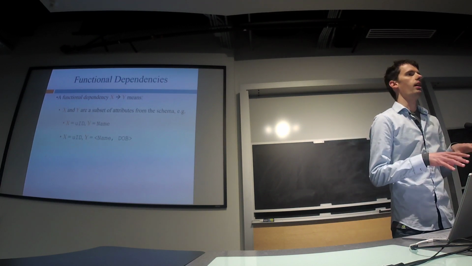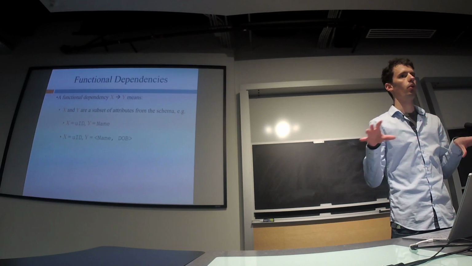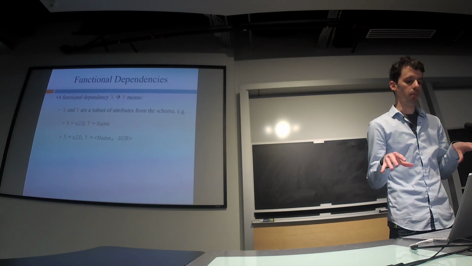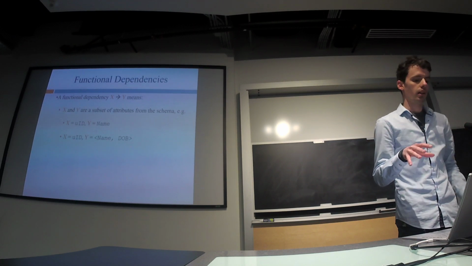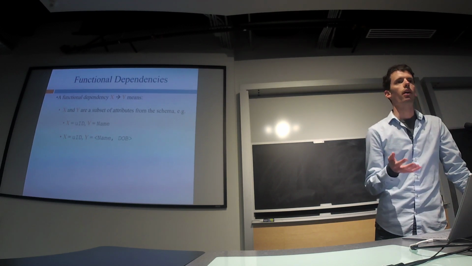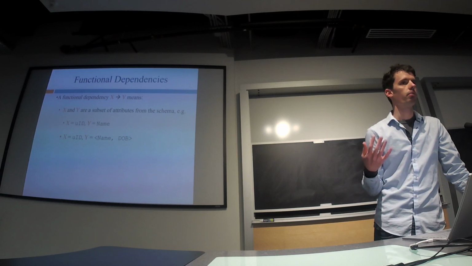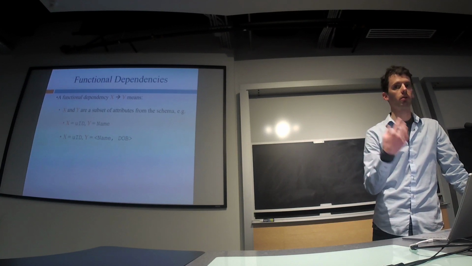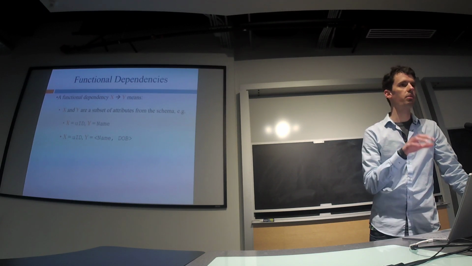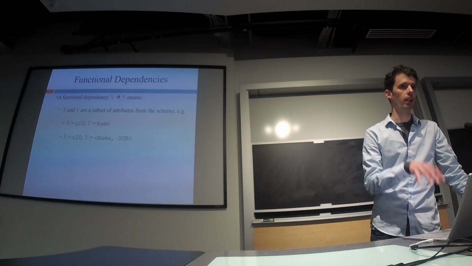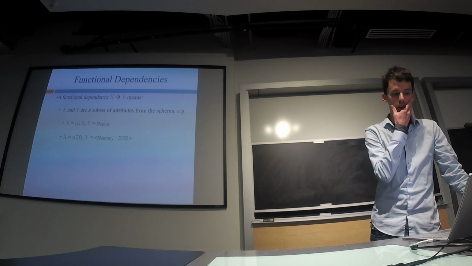We notate them X arrow Y. Basically what this means is that X determines Y. So X and Y are subsets of attributes: a single column, a set of columns, some subset of columns on the same relation.